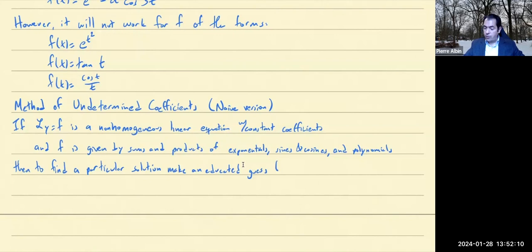Or if you want to be fancy and use the German word for educated guess, Ansatz. For y of t in the same form as f of t with undetermined coefficients.